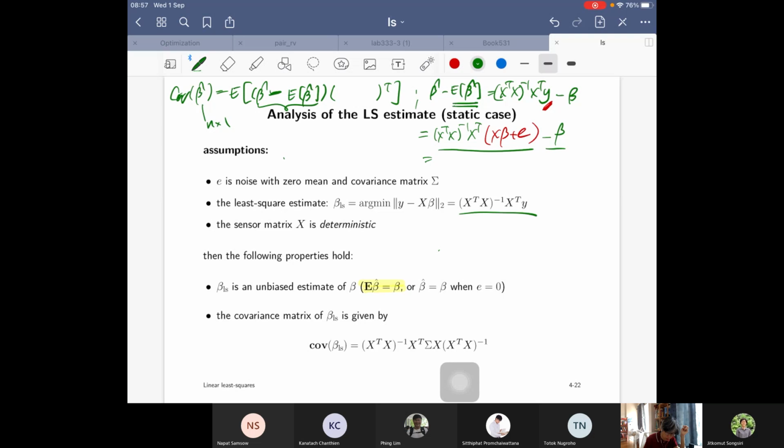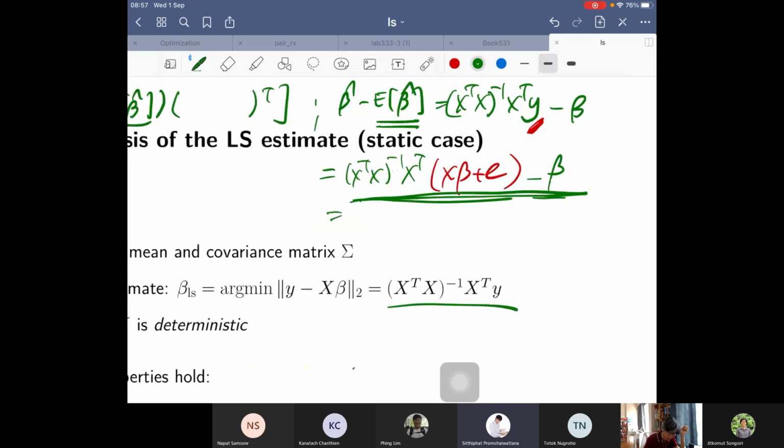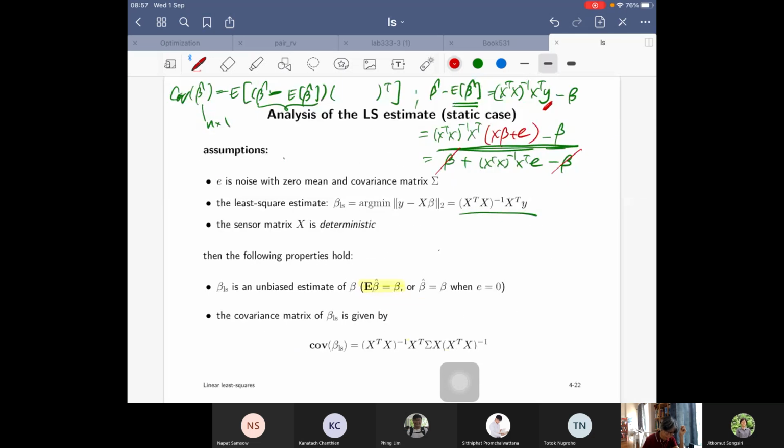Can you reduce this quantity? What do you get? Okay, distribute: the first term is beta. The second term: beta plus x transpose x inverse x transpose e, and minus beta. Great. And you will see that the first and the last terms cancel out.